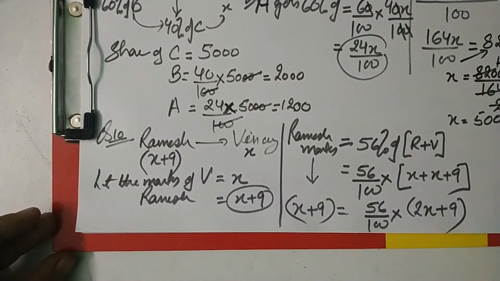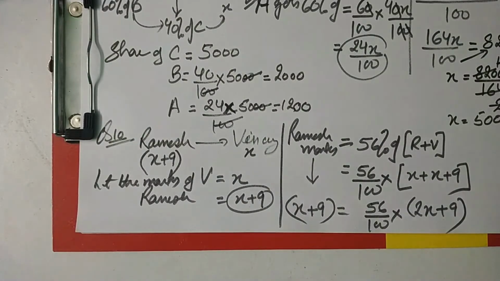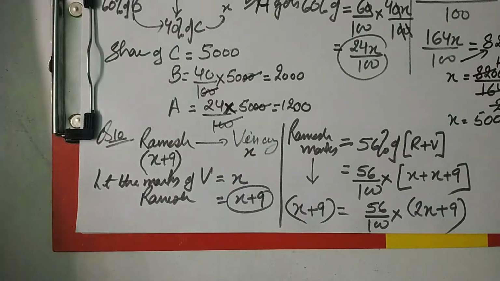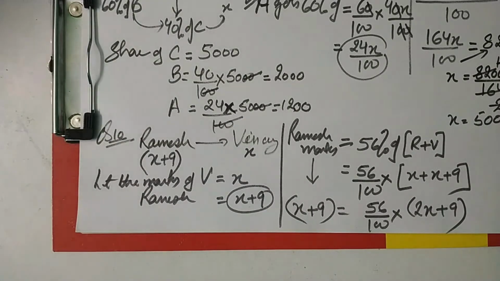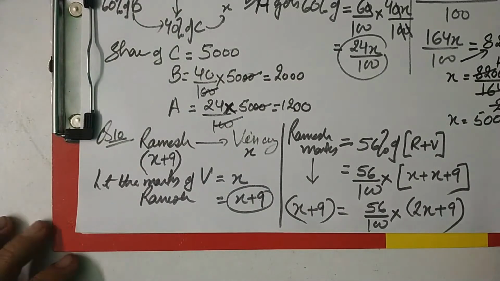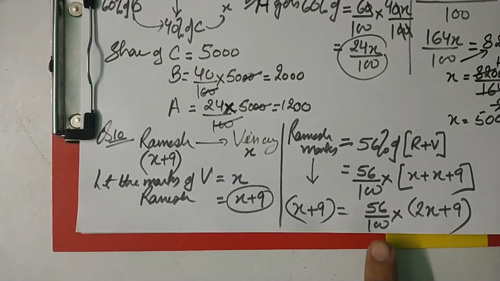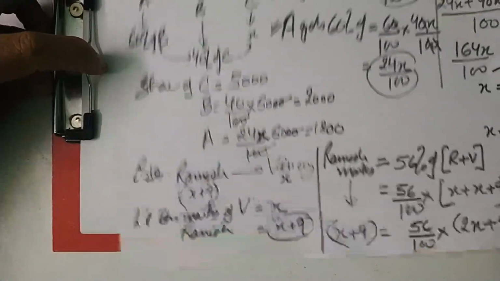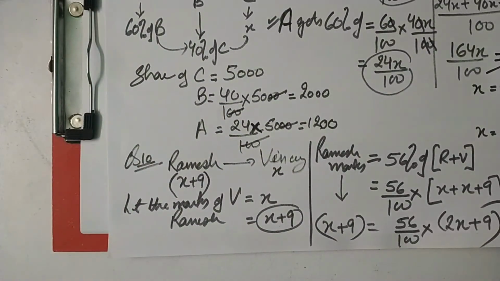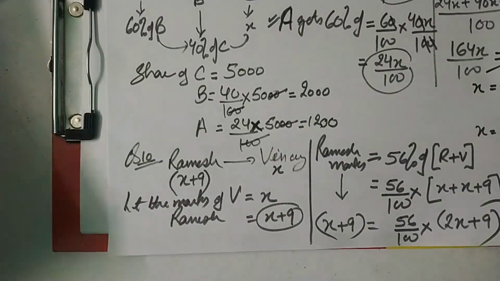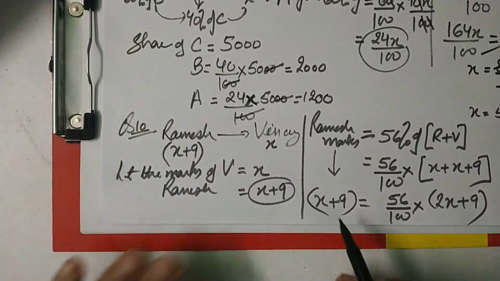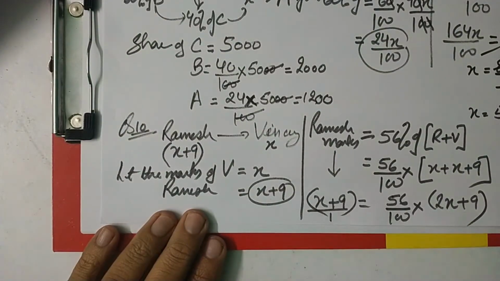This becomes an equation. So x plus 9 equal you will do. Now you will solve. So how will you solve? This will cross multiply. So when you cross multiply, what will it become? It will become x plus 9. This will be written as upon 1.